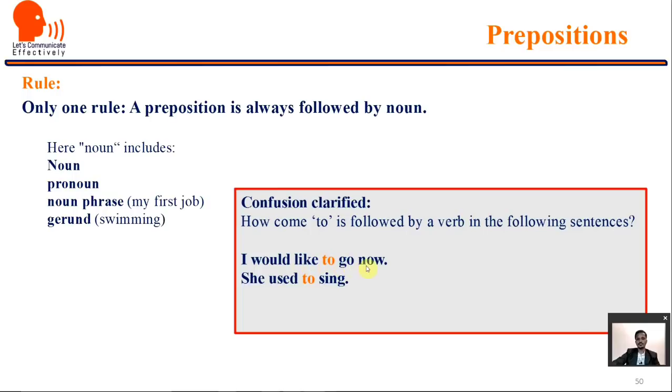I would like to go now. She used to sing. Can you guess how these two have come before the verbs? Let me tell you now, here to is not the preposition. It's a part of the infinitive. So it's a part of the verb go in its infinitive form, to go and to sing. So no need to worry.